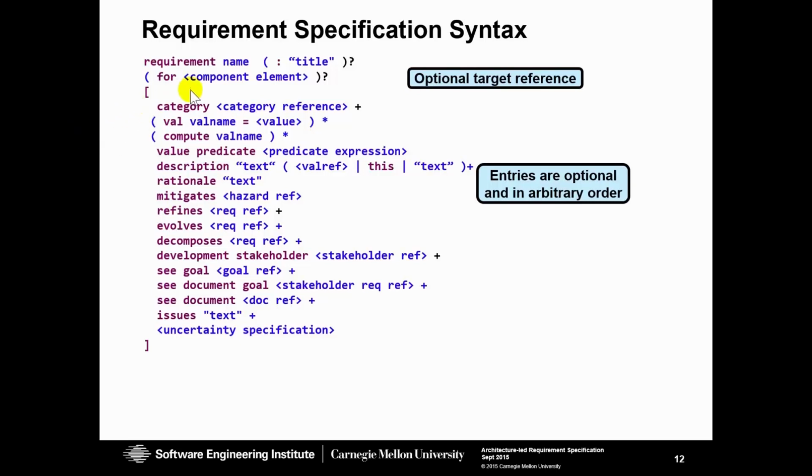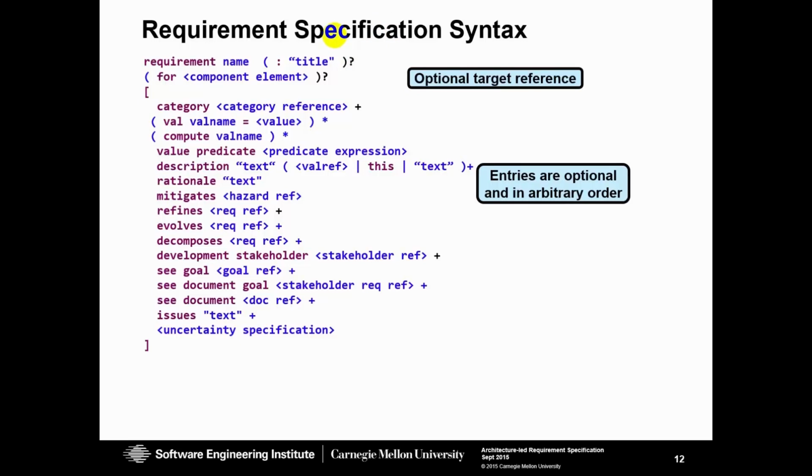Here we can now give the individual requirement a name, typically a requirement ID. You can then elaborate through some descriptive form, through an optional title, an indicator that is then used for display purposes, for example, in navigation. In addition, you can identify a particular element inside the system, for example, a particular port that you want to have this requirement associated with.